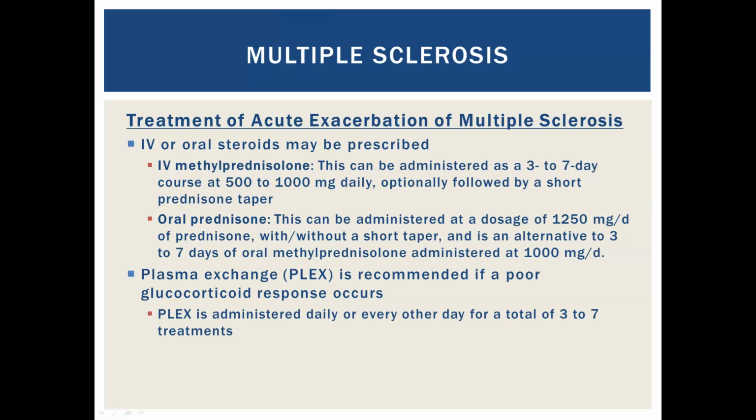Well, that could be an exacerbating factor in this exacerbation of MS. Make sure that we are tapering them off of the medications as prescribed. Make sure we're assessing their blood glucose. We know that it's going to have an effect on that.